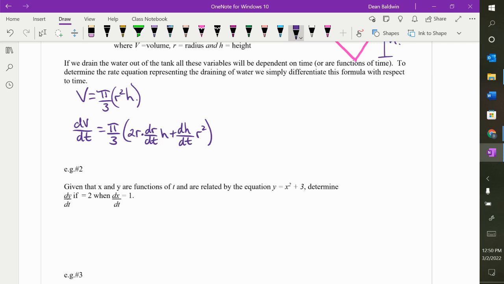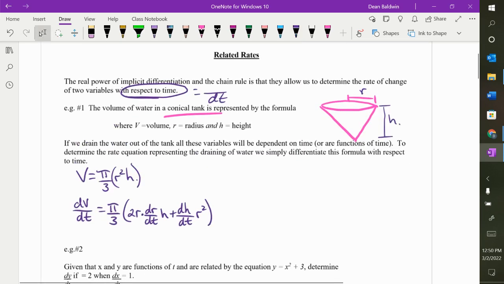Okay? So you can see you have three things that are changing. The volume is changing with respect to time, the radius is changing with respect to time, and the height is changing with respect to time. If you look at a picture of a cone, as the water level goes down, the height is changing, the radius is changing because the cone is getting thinner, and the volume of water in it is changing as well.